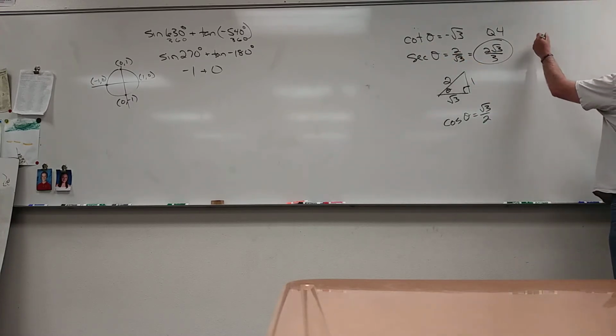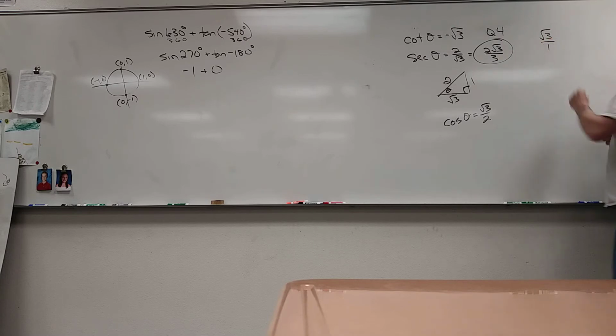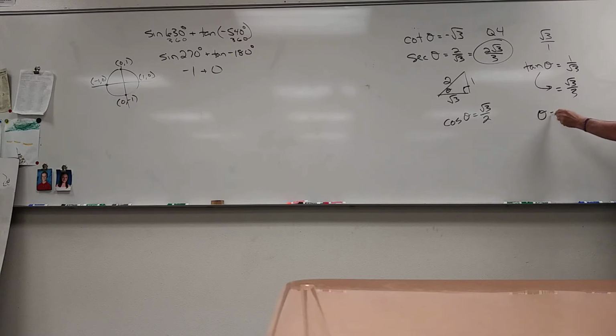So if cotangent is square root of 3 over 1, then tangent is 1 over square root of 3, which is square root of 3 over 3. Which therefore means that theta is pi over 6, which is 30 degrees. Yes?